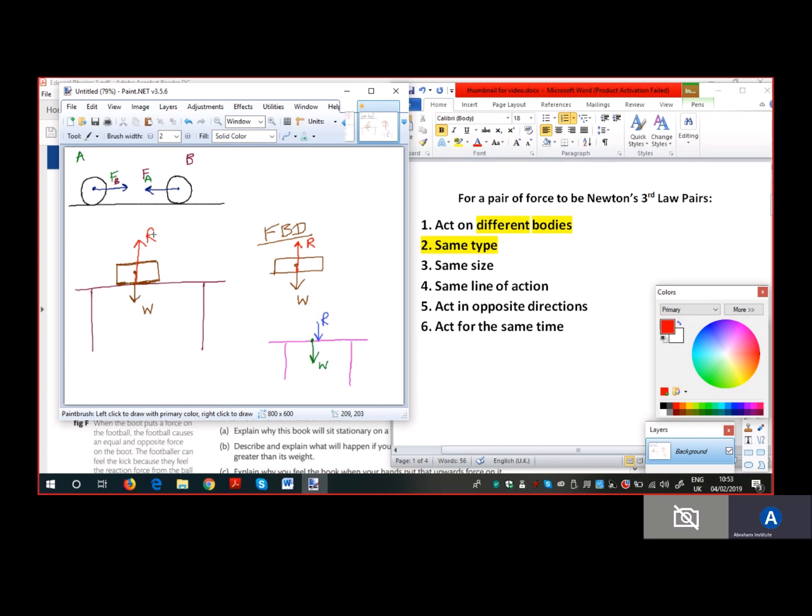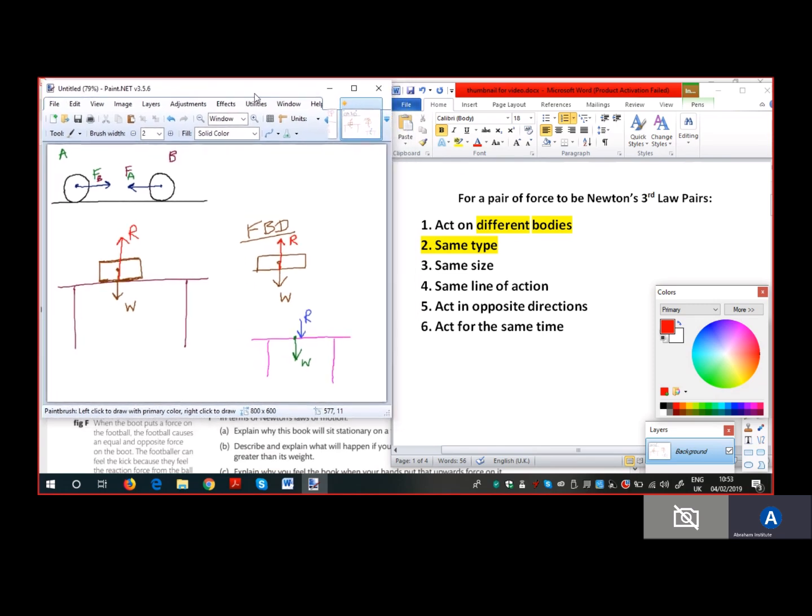Then they ask you to state why they are equal, and they give you some choices. In this past paper question, certain students thought it was because of Newton's third law. It is not equal because of Newton's third law, because if it were, it would have to meet these criteria. Like I said, the first two are the most important, because the others may be the same in most of the questions.